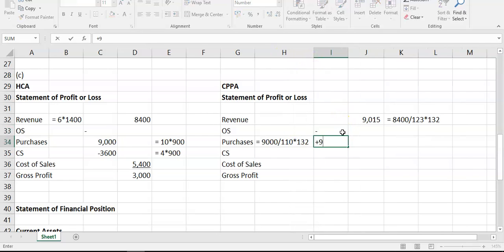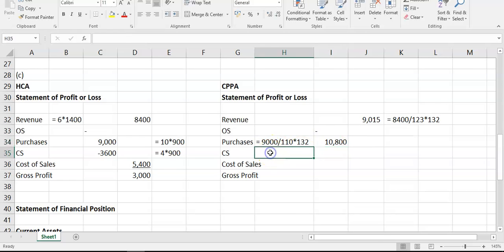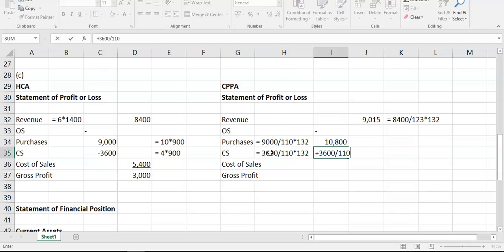Your purchases, 9,000 divided by 110 times 132 is 10.8. And your closing stock, be careful, is the same adjustment, 36 divided by 110 times 132. Because that inventory is now brought forward. So you're bringing each of them forward to account for the increase in the price levels overall.